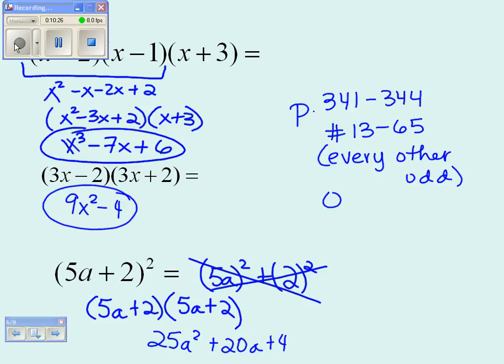And then you'll see quiz 1 on page 344, numbers 1 through 18 and 27. That's just a quick review over what we've been doing, to make sure you're all set for when we have a quiz after. But we will review before you have a quiz.